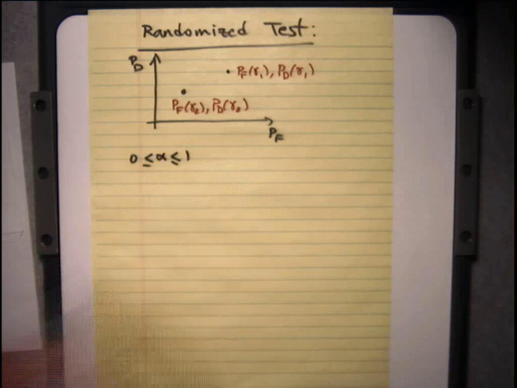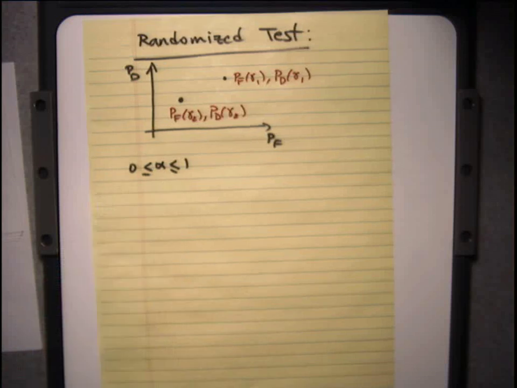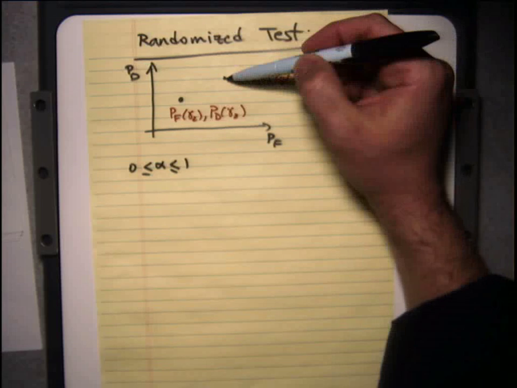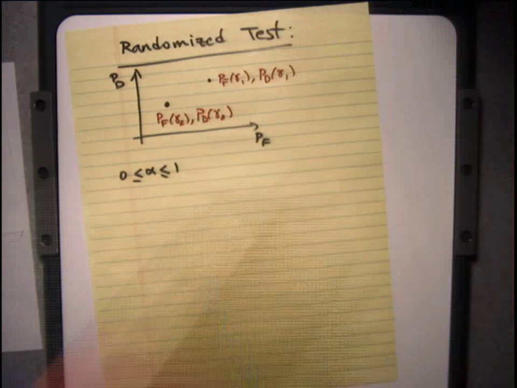I'm going to define a test which works as follows. You imagine that you have a coin, which has probability of heads alpha, and 1 minus alpha probability of getting tails. Then, I'm going to flip this coin. If it comes up heads, I use this threshold. If it comes up tails, I use this threshold.